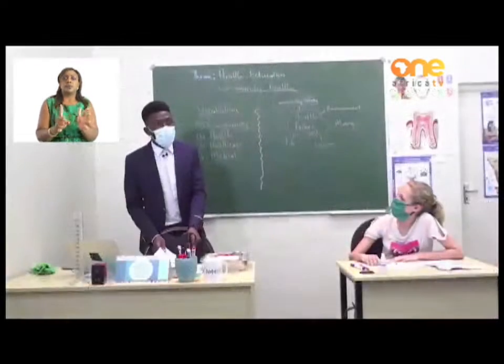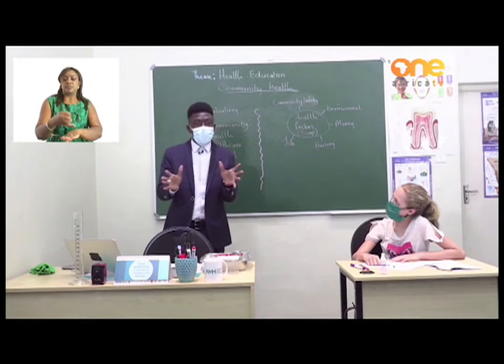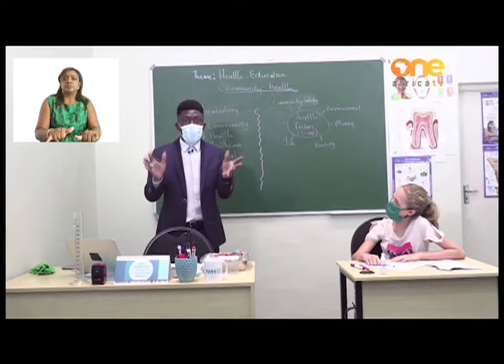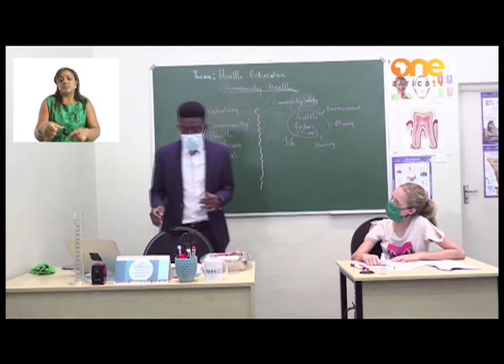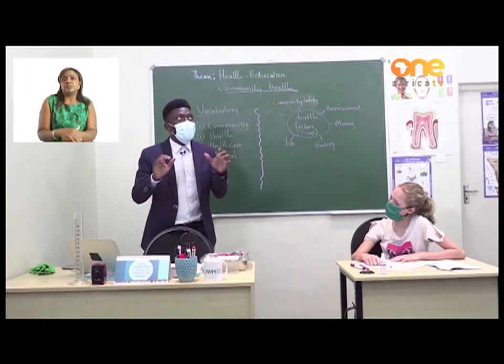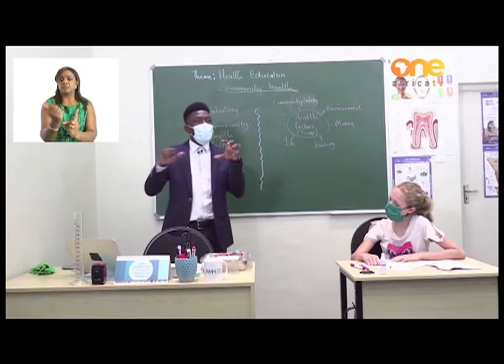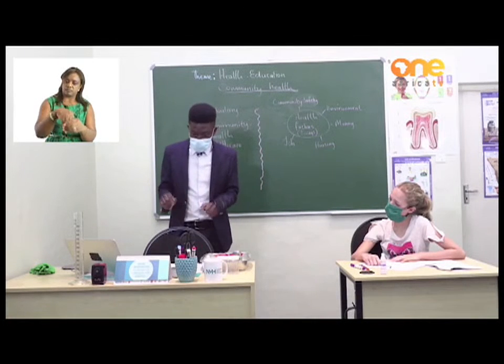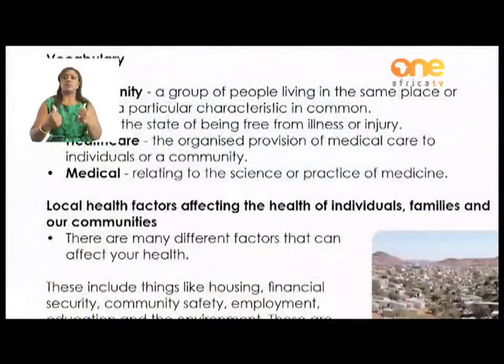This means your community is basically your area where you live, be it at home or at school, or any other location where you interact with the people or the animals that are around you.